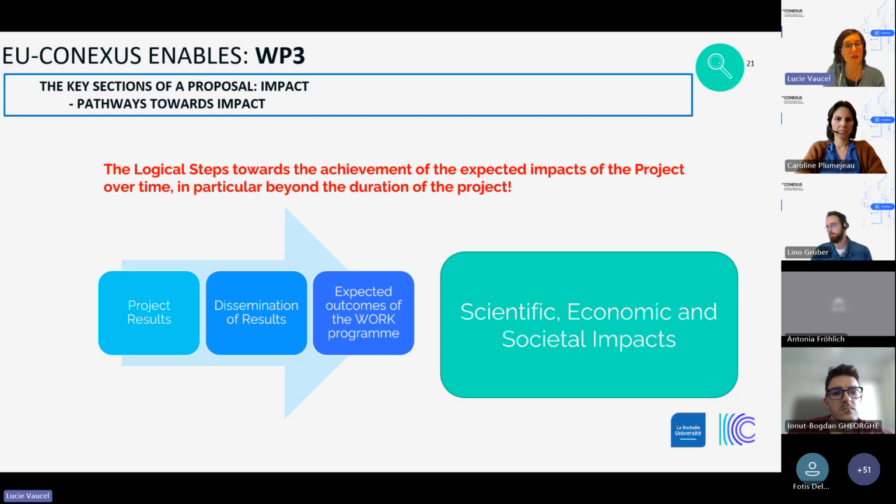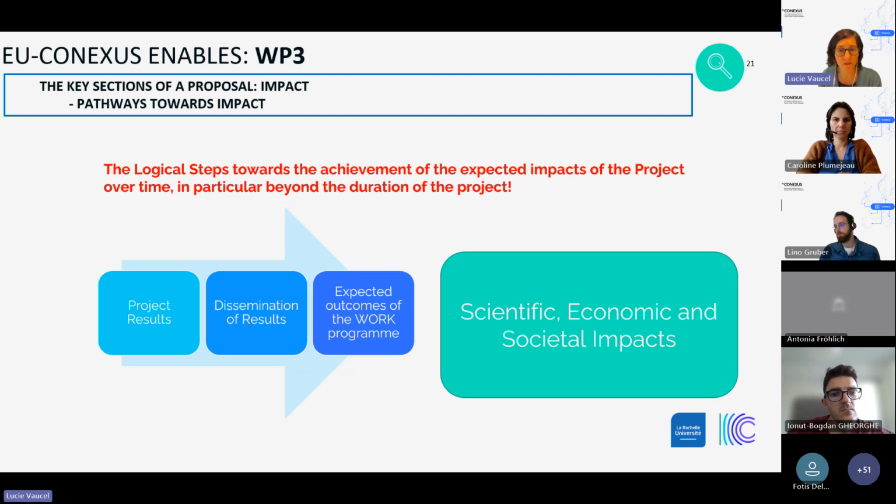You should pay attention particularly to project results, the way you intend to disseminate them, and what you expect as outcome of your project or program. You can basically divide impacts into different types, such as scientific impact, economic impact, and societal impact.